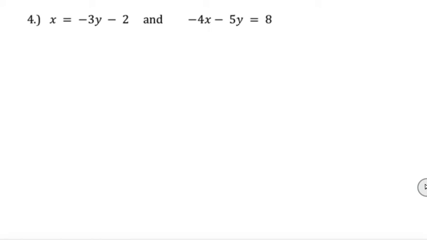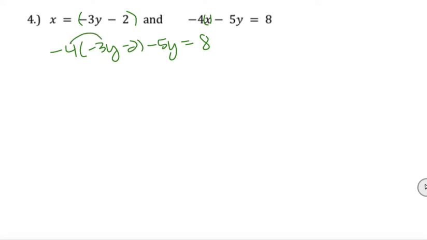On this problem here, x is by itself. So we know that this is the value that we're going to plug in for x over here. And so the first step is negative 4 times negative 3y minus 2, minus 5y equals 8.